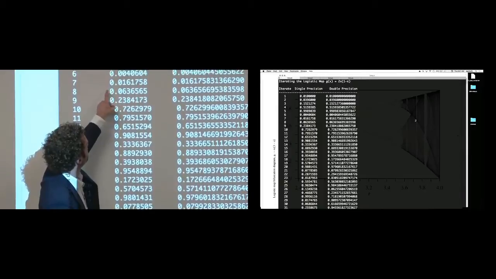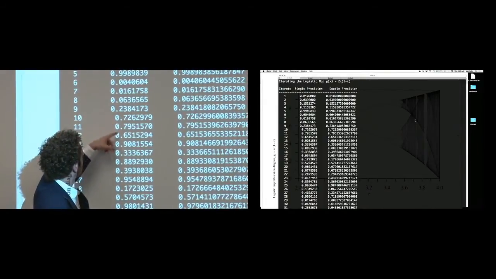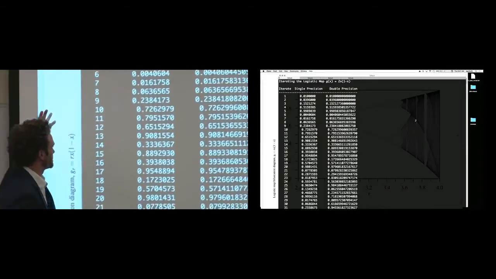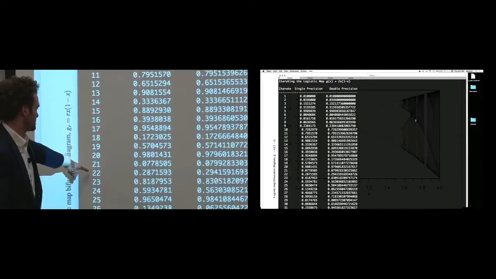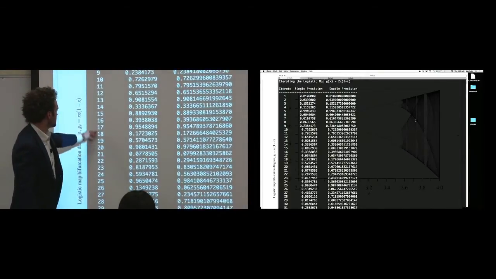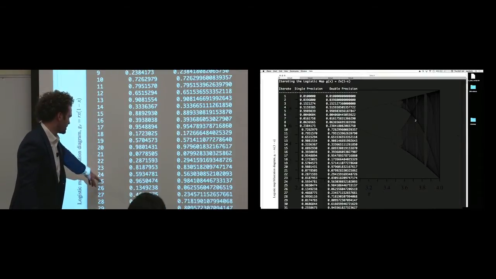So, by iterate 13, 14, 15, it's doing okay for a while. We're losing basically 1 bit every time we iterate. Eventually, by here, our errors are off by 0.02.